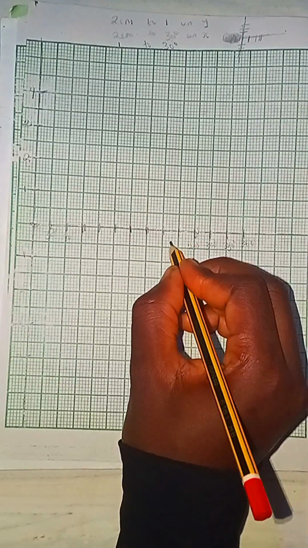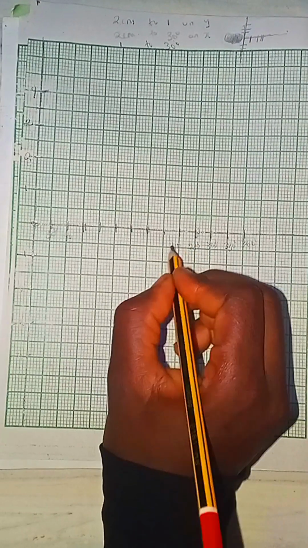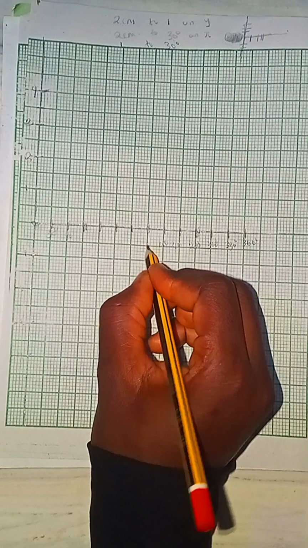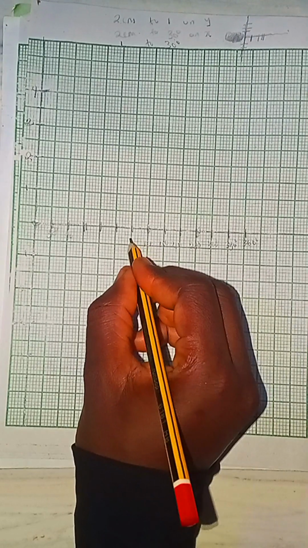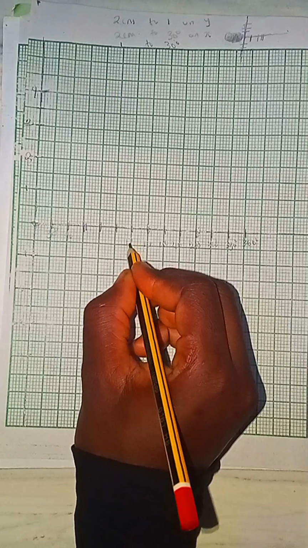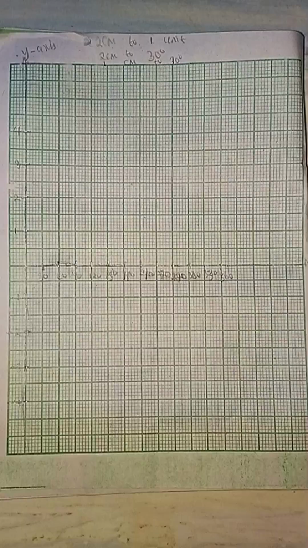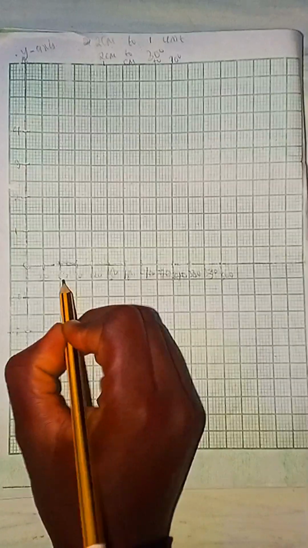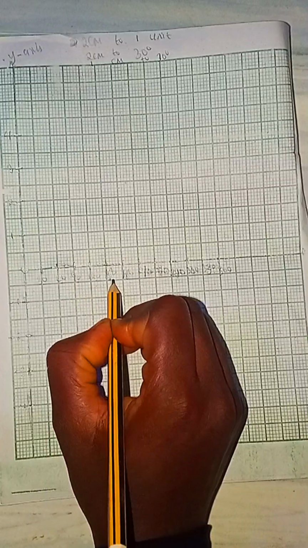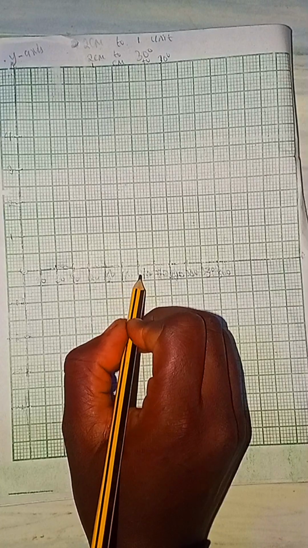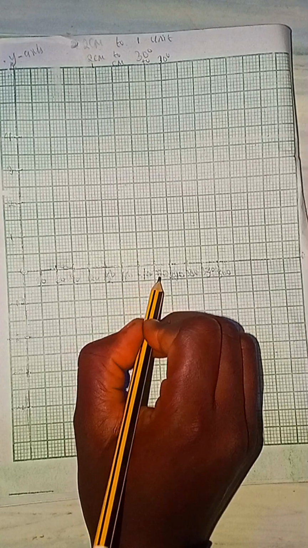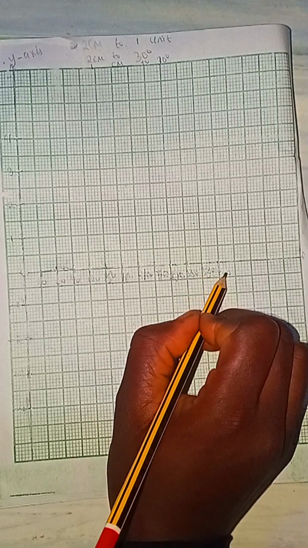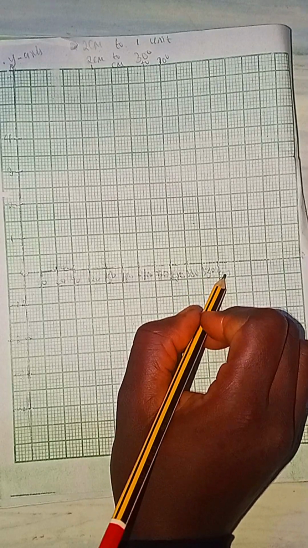So here is 1 centimeter to 30°, 60, 90, 120, 150, 180, 210, 240, 270, 300°, 330, 360°.